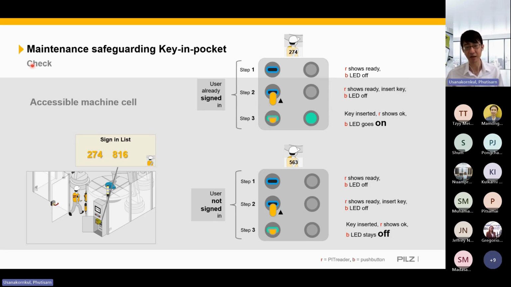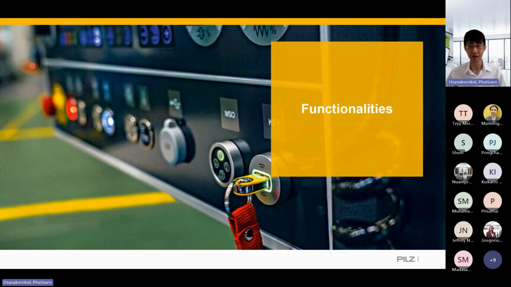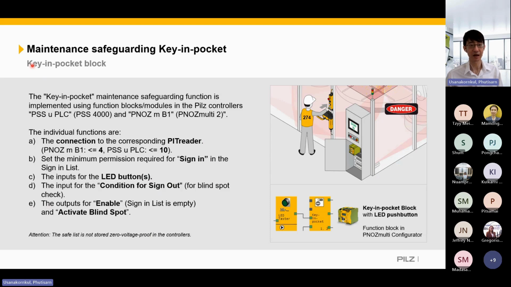That covers sign in, sign out, and check in. Now we will look into some functionality. As mentioned earlier, the key in pocket solution is highly recommended to be used with our safety controller, either the small controller or our safety PLC. Why is that? Because with our certified system, we also have certified function blocks that can be easily integrated and used with our PID reader.